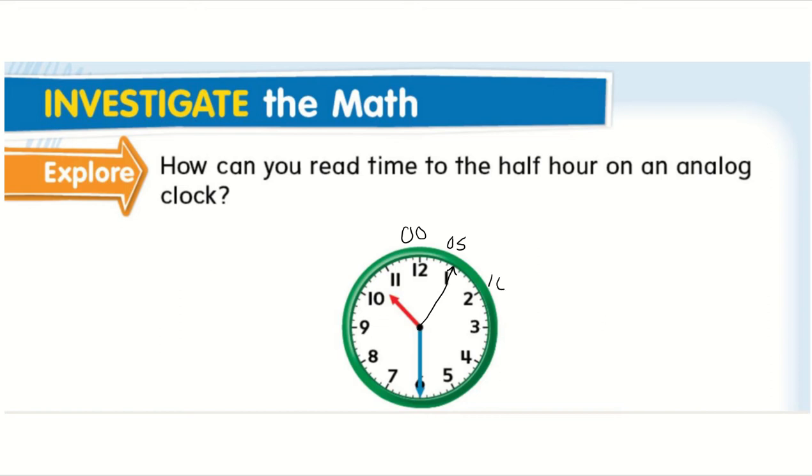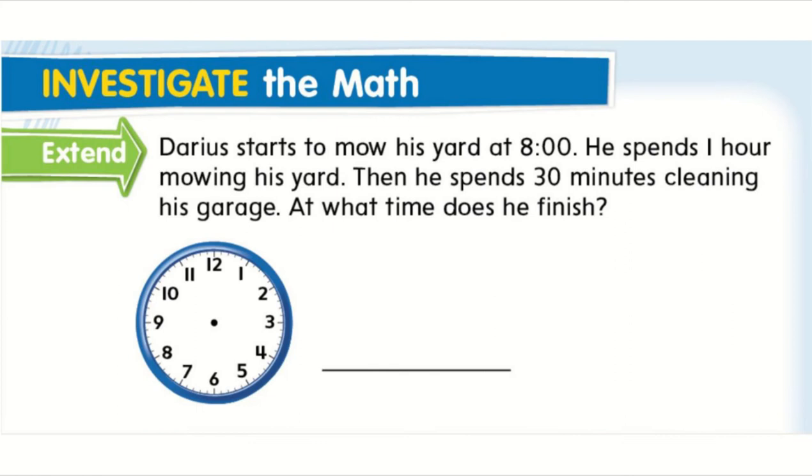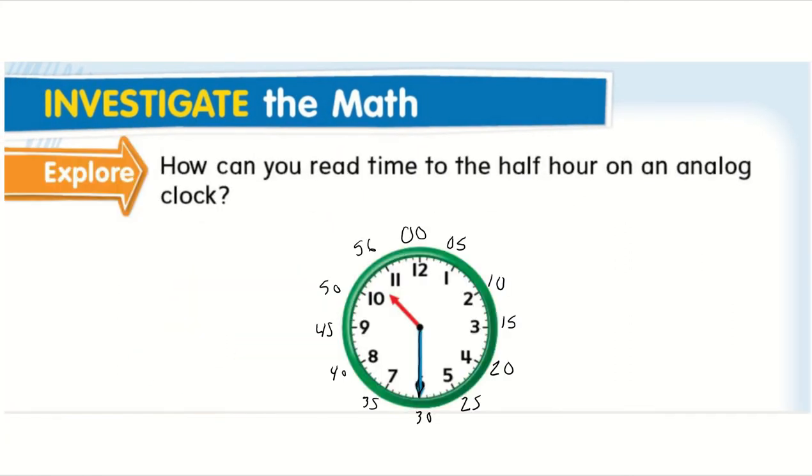Gets to 2, 10, 3, 15, and it keeps going around. 20, count up by 5 is 25, 30, 35, 40, 45, 50, 55. And remember, we don't say 60, it just goes right back to 0 because that's going to be the next hour. So when we have the minute hand down here directly at the 6, 30 minutes has gone by.